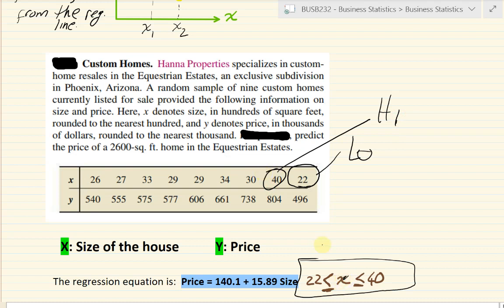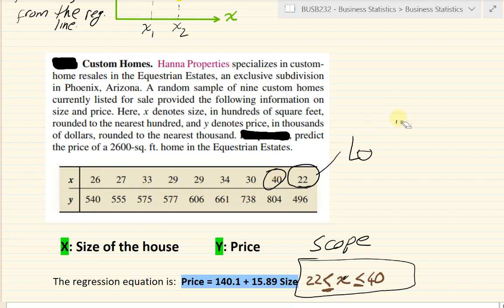This is what we call the scope of our independent variable. In other words, this regression model is only valid for the lowest size home, 2,200 square feet, all the way up to the highest, 40, which means a 4,000 square feet home.